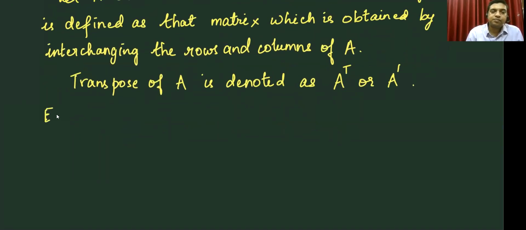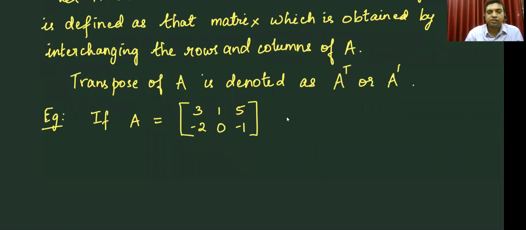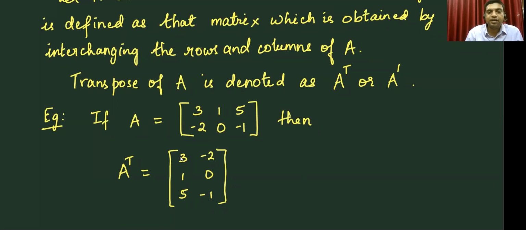So, example: if A is the matrix with rows 3 1 5 and minus 2 0 minus 1, then A transpose is: the first row becomes the first column, and the second row becomes the second column. So row becomes column and column becomes row.